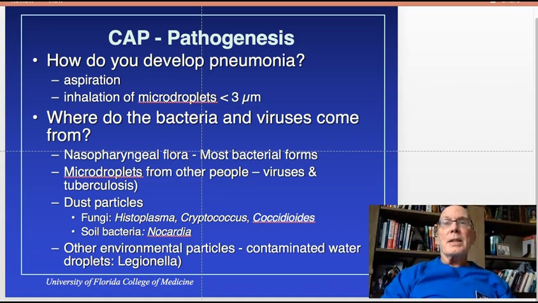Less commonly, dust particles can be inhaled. Desert areas and areas undergoing construction are most common. The pathogens carried in the dust are predominantly fungi, histoplasma, cryptococcus, and coccidioides, and the bacteria Nocardia, found in moist soil.